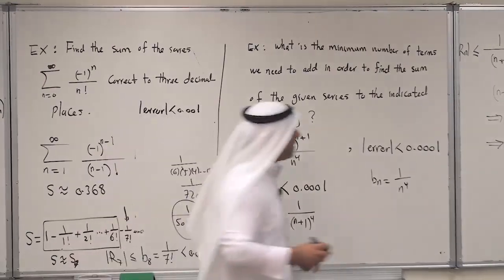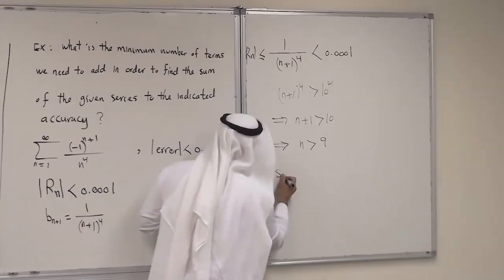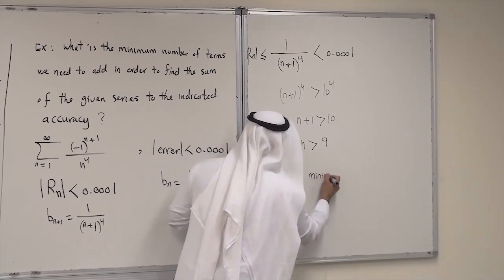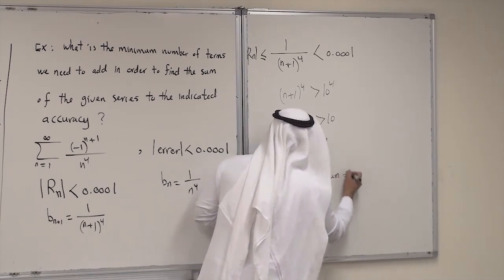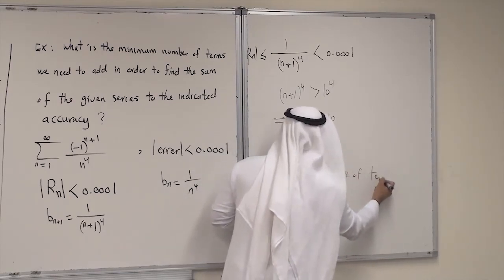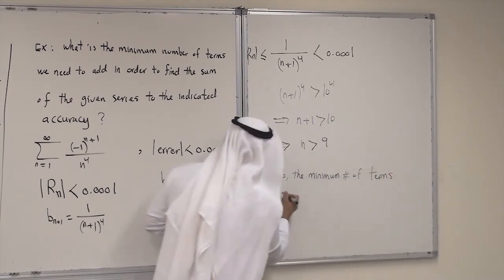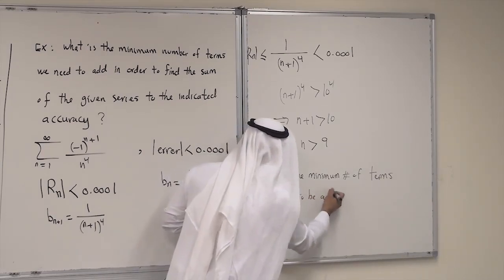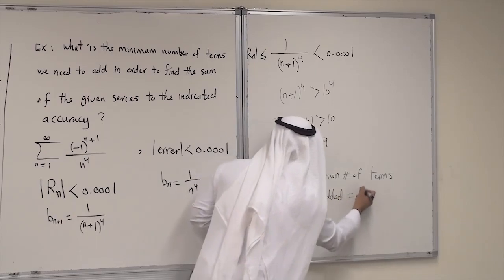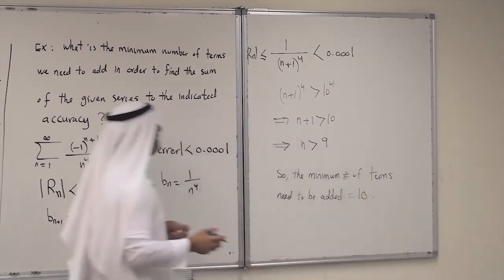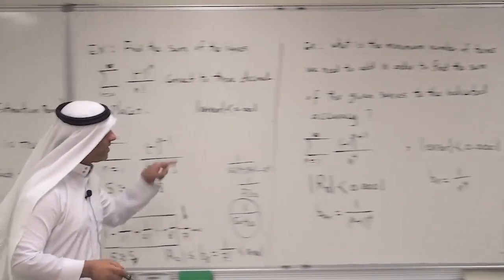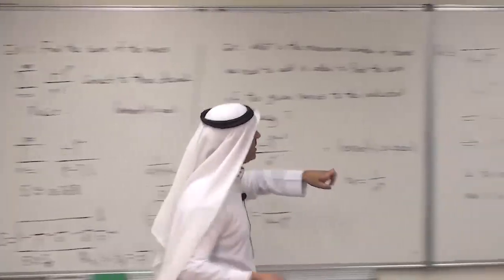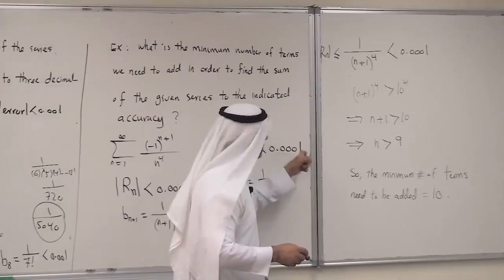The minimum number of terms that need to be added is equal to 10. So we need to take the first 10 elements to make sure that the absolute value of our error is less than 0.001.